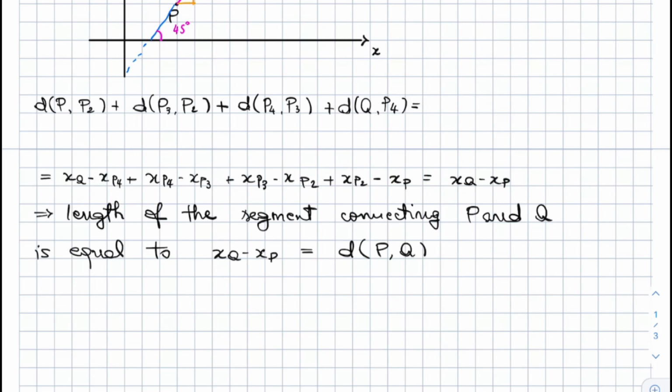In the exercises, you will have the chance to try and compute the length of a segment connecting 2 points P and Q that doesn't lie on a line which forms with the x-axis an angle of 45 degrees. You will have to prove that also in that case the length of the segment coincides with the distance between the two end points.